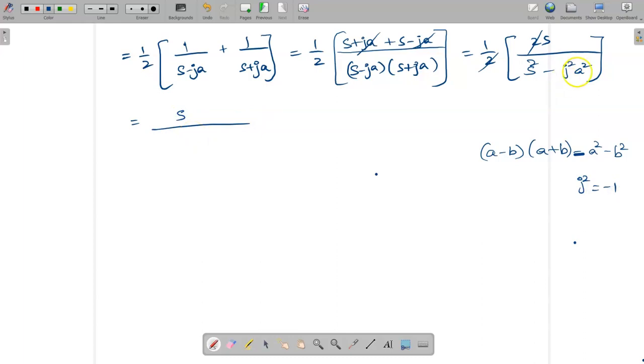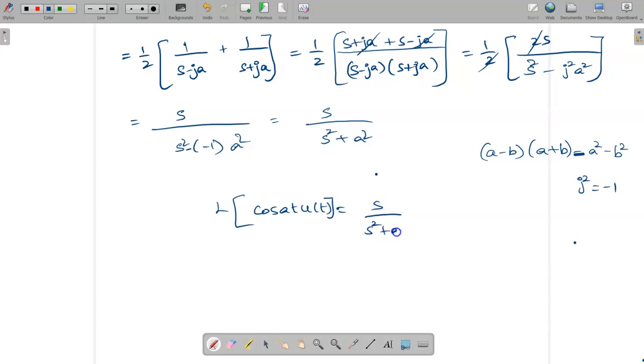So s square into, already I have one minus, again j square is minus, into a square, which is s by s square plus a square, since minus into minus is plus. So I can simply write Laplace of cos at u of t is s by (s square plus a square).